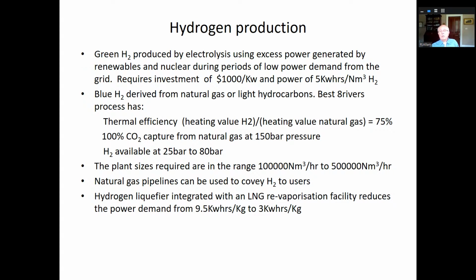And the power is about 5 kilowatt hours per normal meter cube of hydrogen. It requires a lot of power for producing the DC current required for the electrolysis. So the conventional idea that you can electrolyze at 4.2 kilowatt hours per kilogram, that's when you've got the DC power already produced. If you're using power off the grid, it's going to cost you that much.